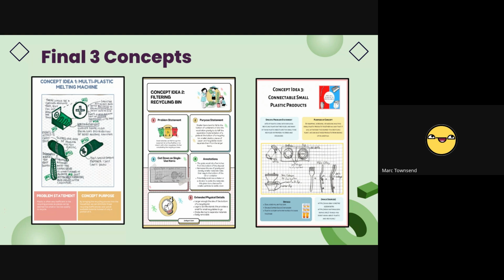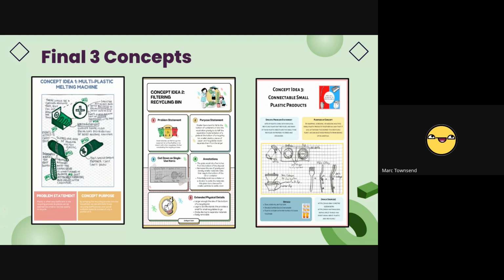Very similar idea for pill bottles. We wanted a way to attach them to each other so that they didn't end up in the landfill. And very similar idea for sauce cups that you often get at restaurants that also end up in the landfill.